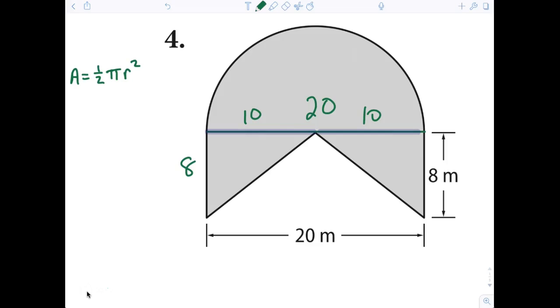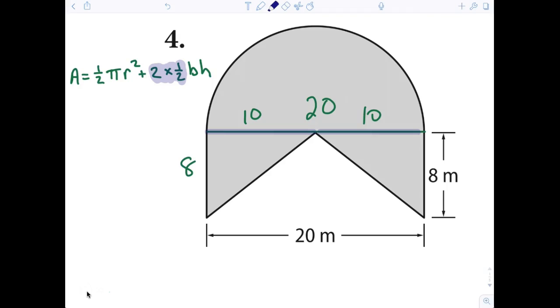Come on, tell me the area of a triangle. 1/2 base times height. That's the area of a triangle. But how many triangles do we have? 2. So I want everybody to write down plus 2 times 1/2 BH. Everybody's got to write that down. Now what happens to the 2 and the 1/2? They cross out.